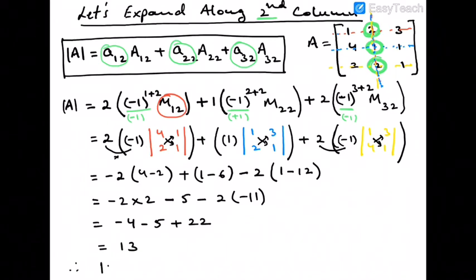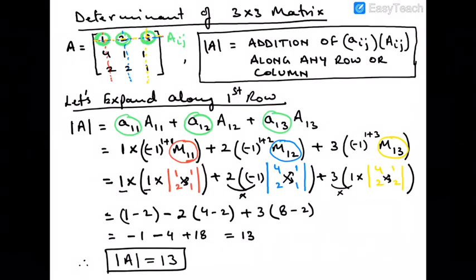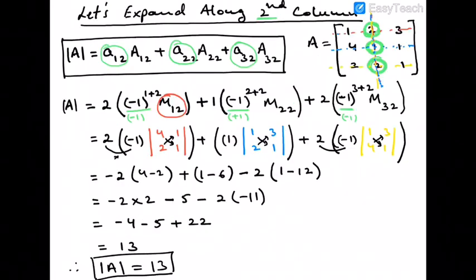Therefore, the determinant of A is equal to 13. So we can expand it along any row or any column, and the value of its determinant will remain the same.